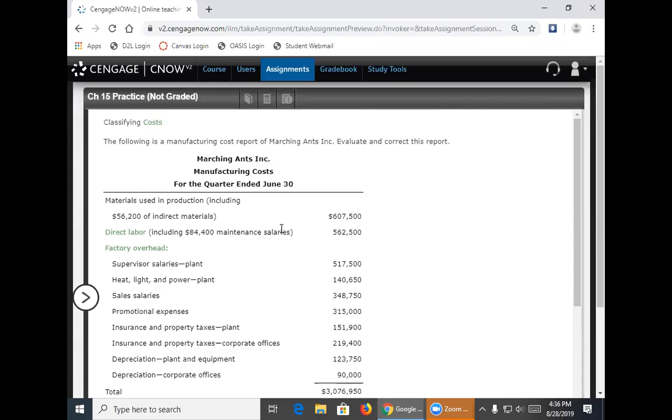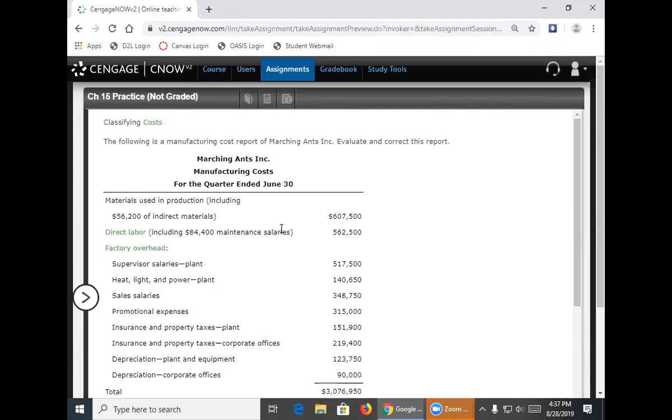Basically, we're seeing materials used in production that include some indirect materials, and the direct labor includes some maintenance salaries, which wouldn't really be direct labor. Then they have a list of factory overhead. What they want us to do is take these costs and fix them into the correct manufacturing costs.